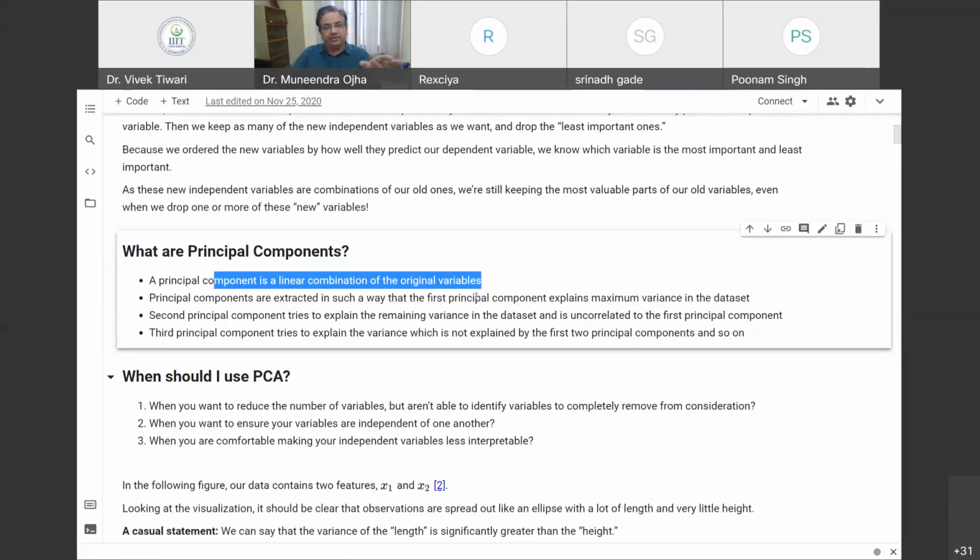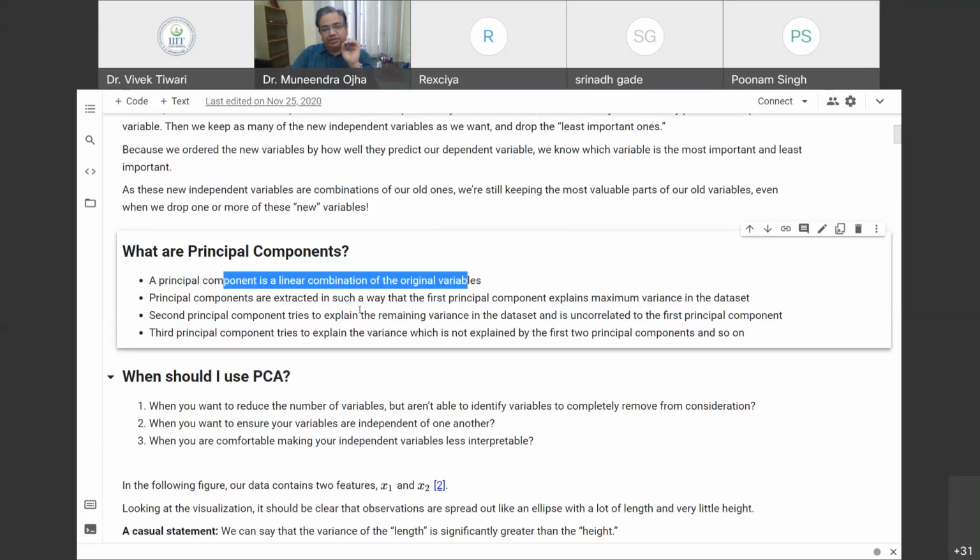We have existing features, we find a linear combination, and those linear combinations are called principal components. A linear combination is a weighted sum of existing features. Finding those weights, multiplying the weight values with the features, and then adding them together to find the linear combination is the trick applied here. Every principal component is a linear combination of existing original values.